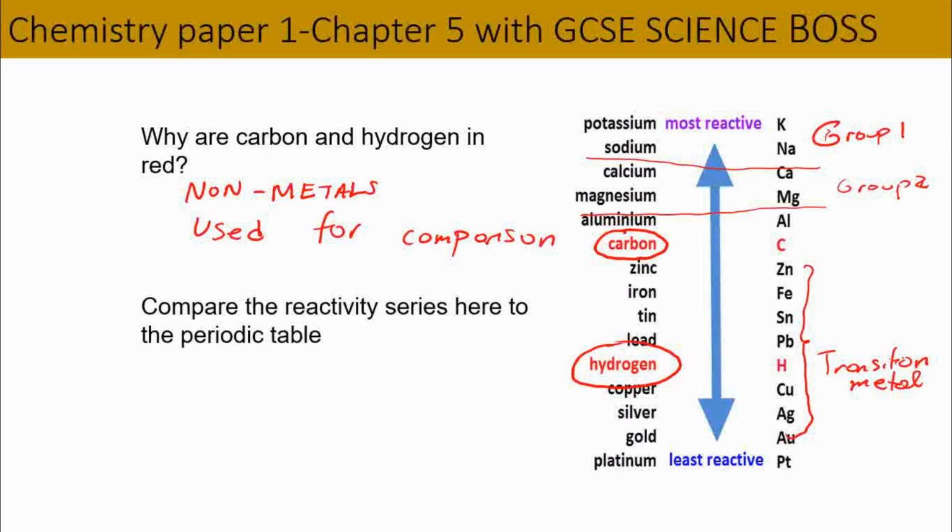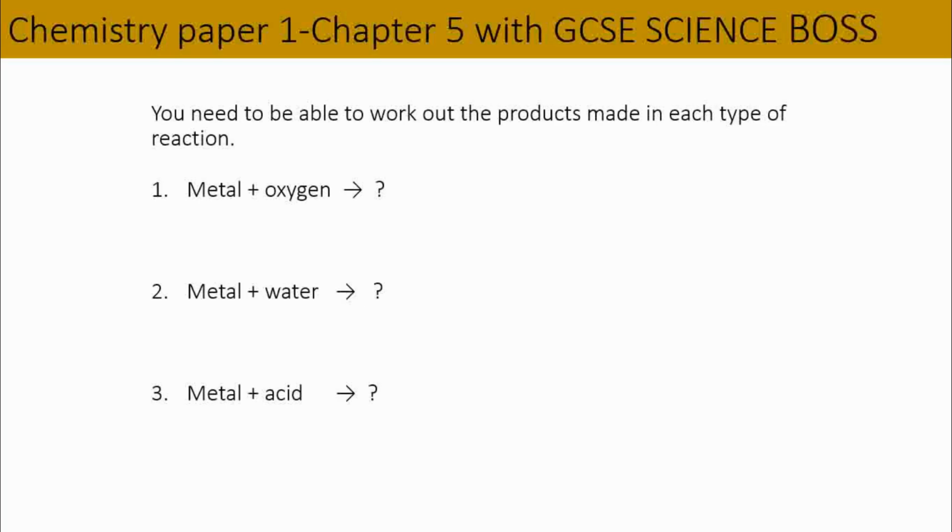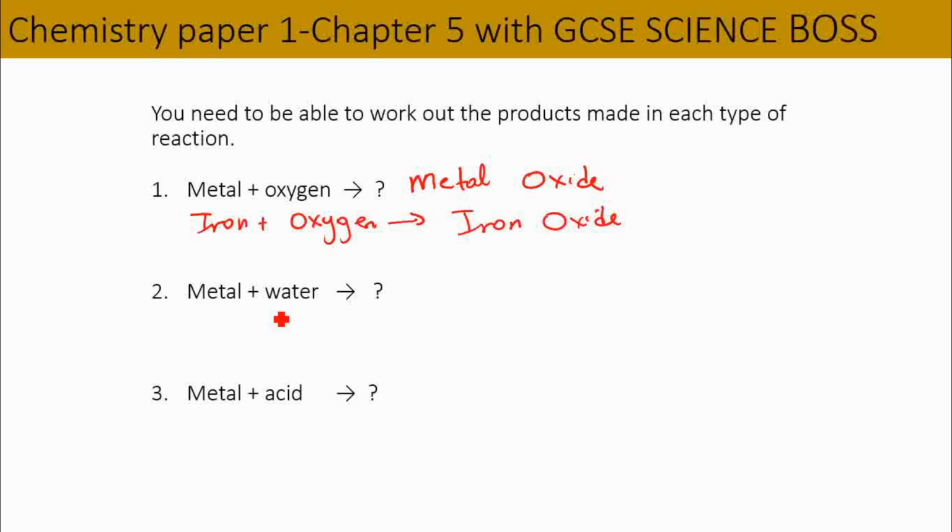The other thing that you need to know for this chapter is these reactions. When you react a metal with oxygen, it will form a metal oxide. For example, if you're reacting iron with oxygen gas, you are going to form iron oxide. Or if you react sodium with oxygen, it's going to form sodium oxide. Or calcium with oxygen, calcium oxide. You get the idea.